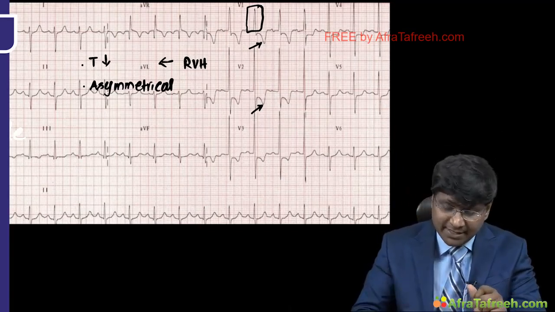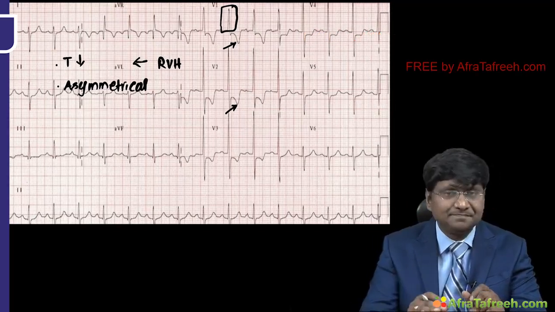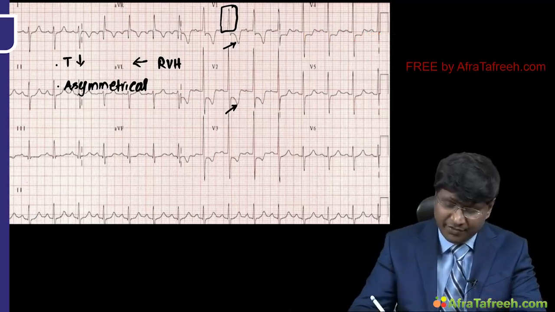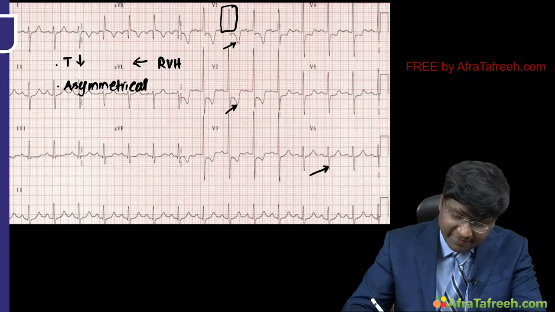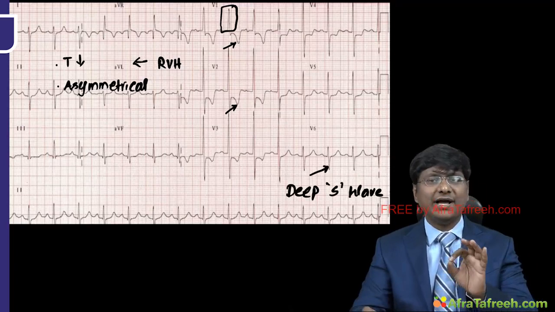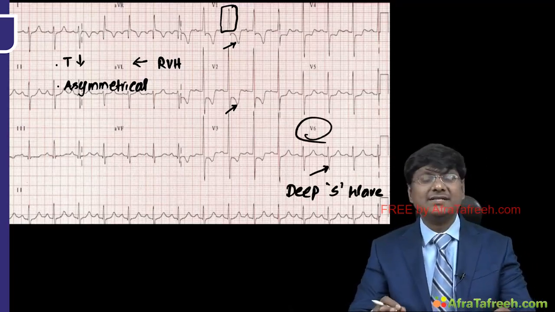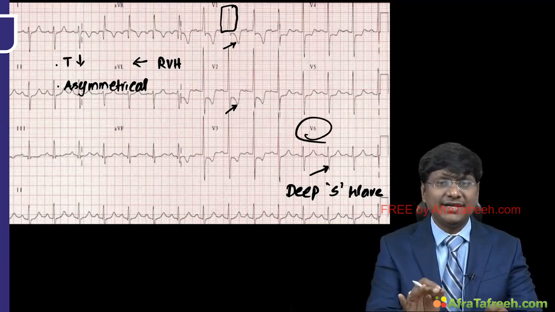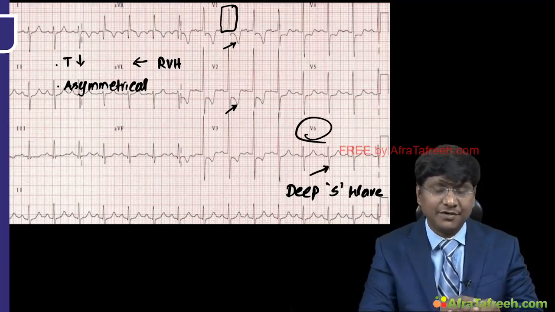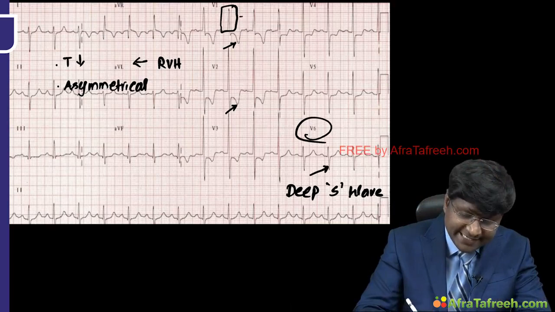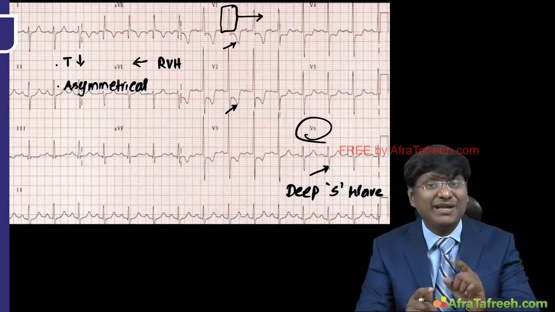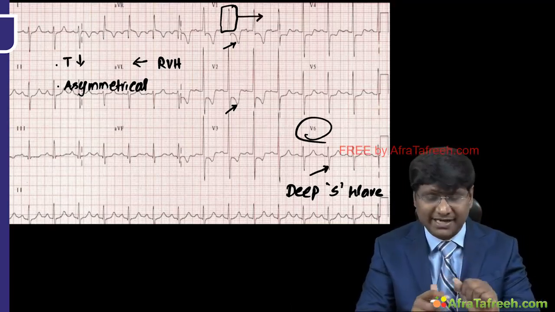You understand? Now, the next important point is that these patients with right ventricular hypertrophy also have development of a deep S wave in lead V6. That is another important criterion for right ventricular hypertrophy. Now, what should be the dimension of the R wave in V1 to call it right ventricular hypertrophy?